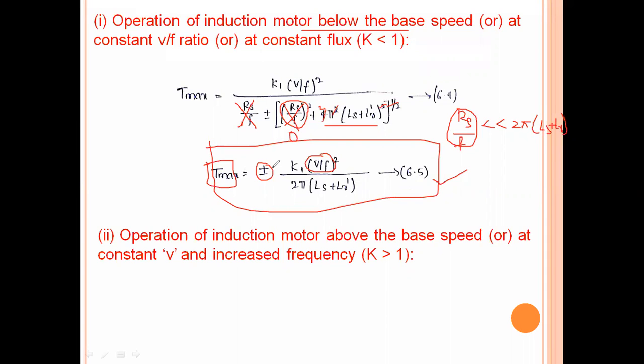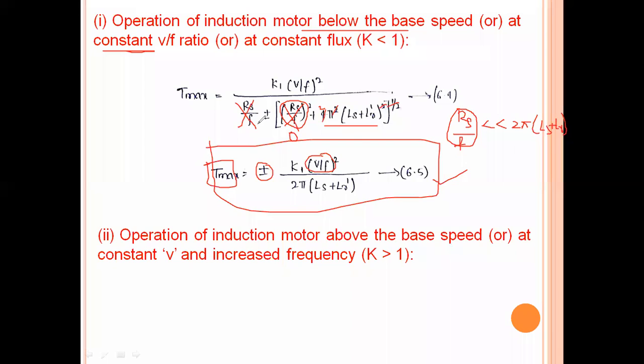If the torque is plus, then it is operating under motoring condition. We know that one. So in order to get constant torque under different speed conditions, definitely we need to operate the motor under constant V by f ratio.